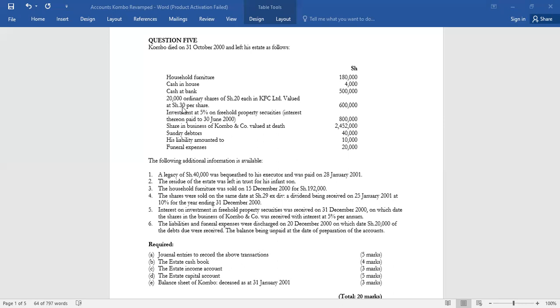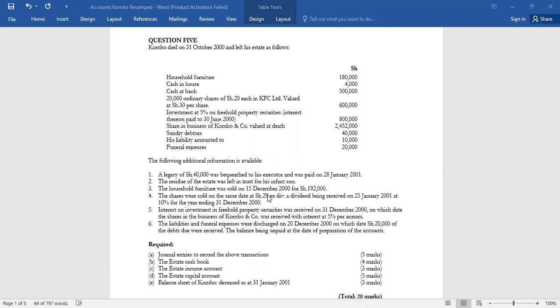So we are going to debit the cash capital. We are selling at 29, 29 multiplied by 20,000, that will be 580,000. And then on the estate capital, we have to realize that loss.